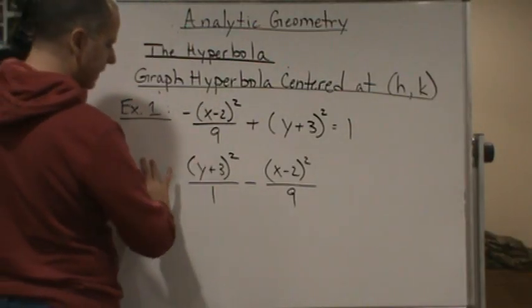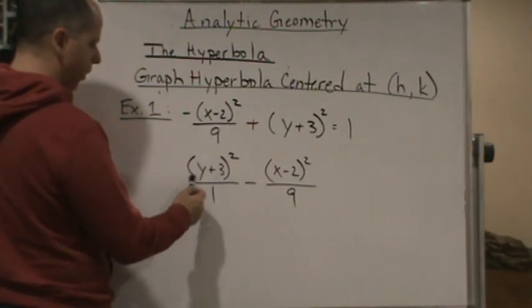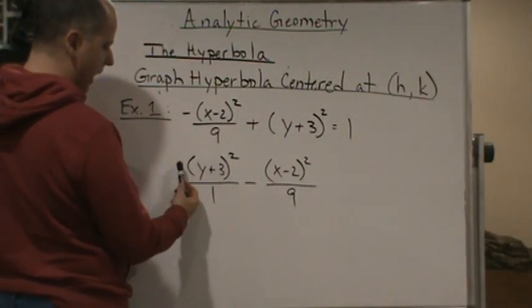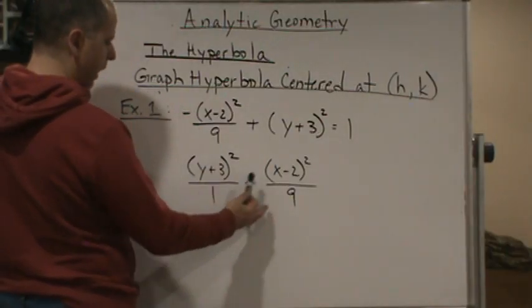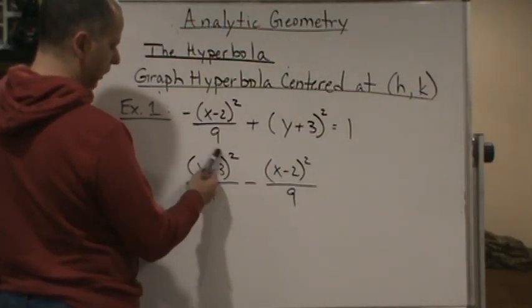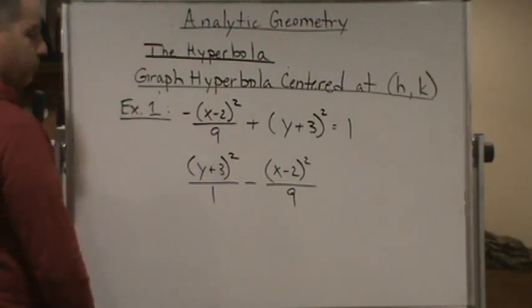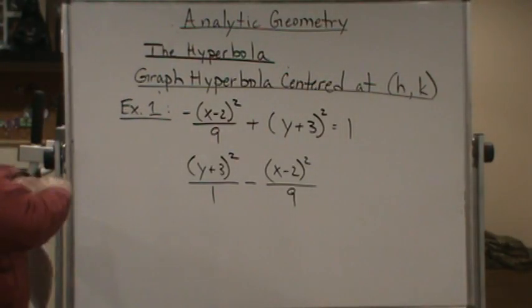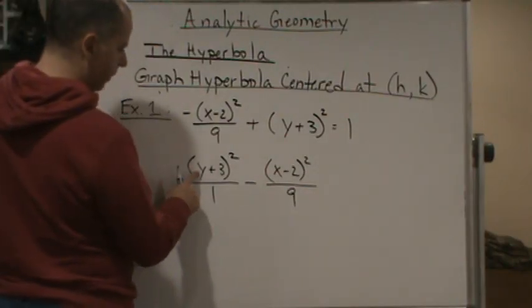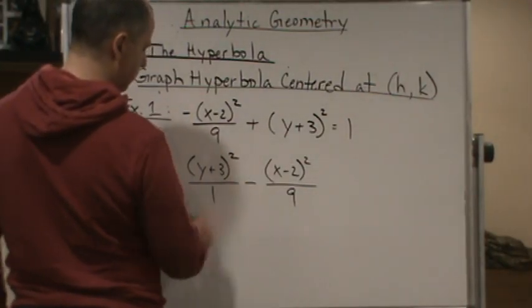Writing it this way, now you can see that this first term has the positive coefficient. Like I said, this has a negative coefficient, but now that we put it in the right order, it's easier to say this is going to traverse vertically, not horizontal, because the y is first and the x is after the subtraction.